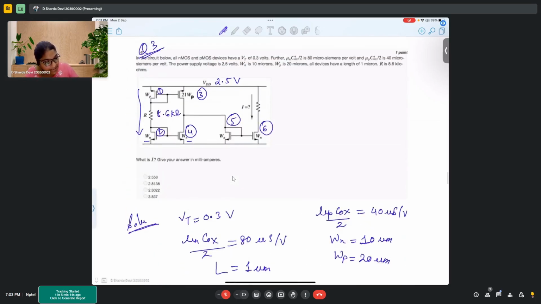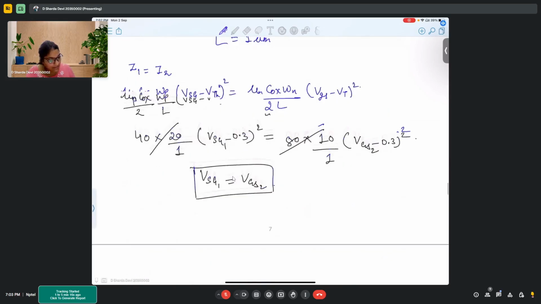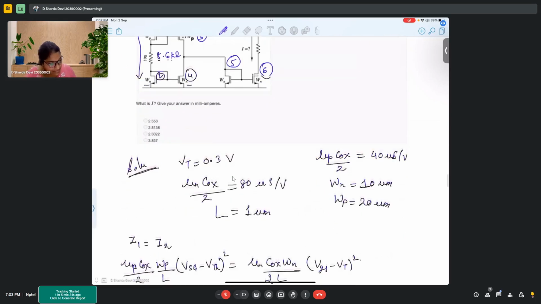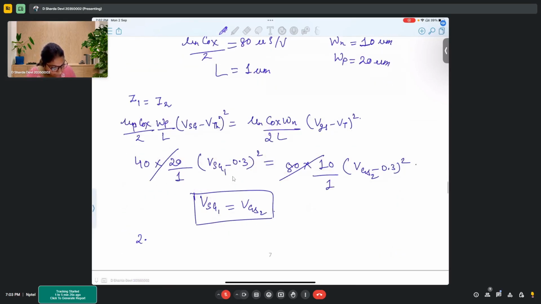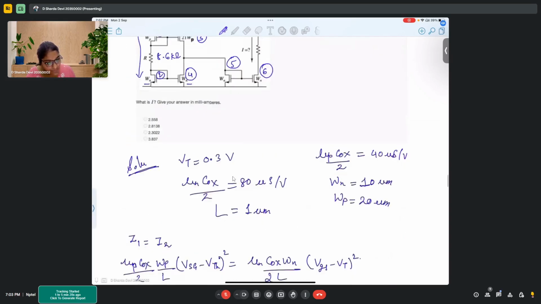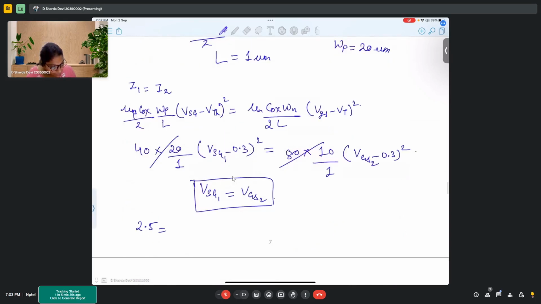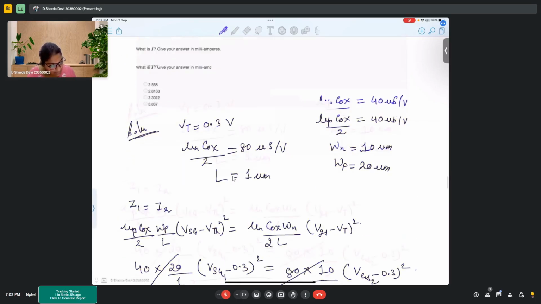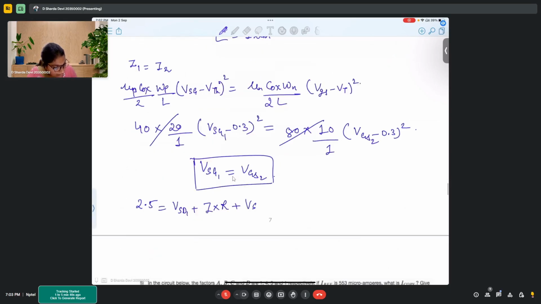Now if I write the KVL for this particular current from VDD to ground, it is 2.5 equal to VSD1 plus I into R plus VSD2.